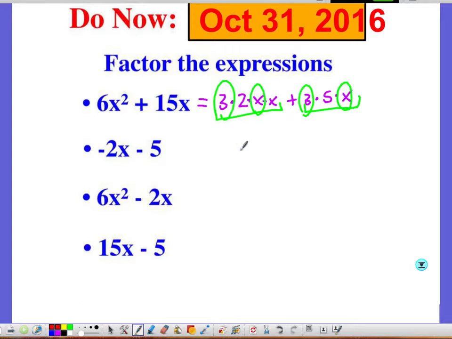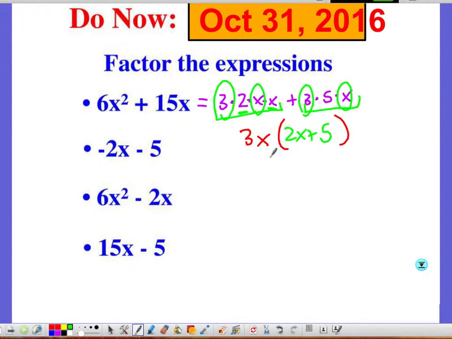So what I can do is factor out 3x from both of those expressions. That means 3x goes outside my parentheses, and whatever is left, which is 2 and then x, is going to be 2x plus 5.